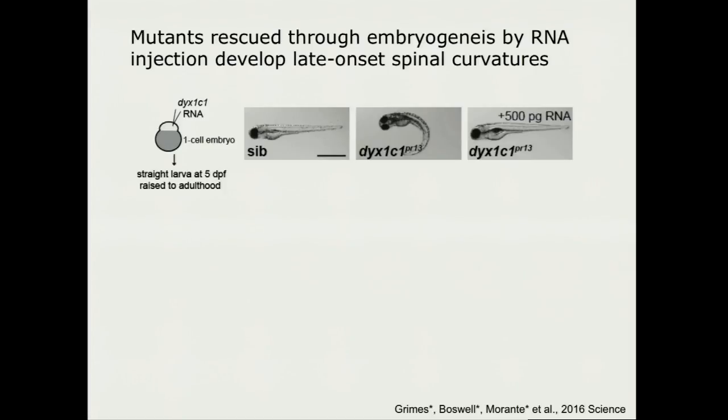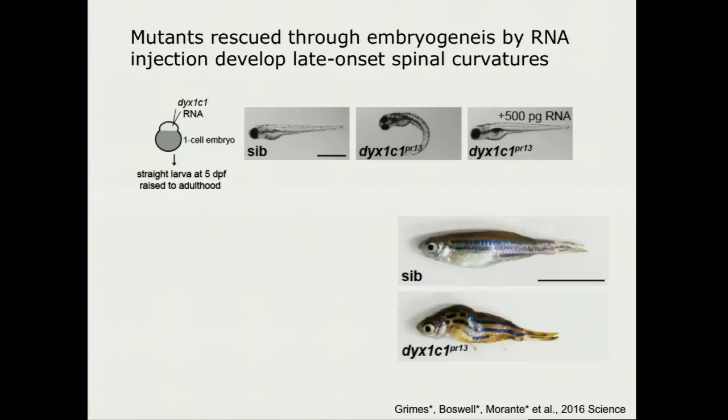Now, to assess adult phenotypes in this fish, we weren't able to do temperature shifts. So instead, what we did was to inject at the one-cell stage wild-type RNA for this gene. That provides an early protein product, which allows the fish to overcome any potential early defects, and then we can grow them to adulthood and assess potential later defects.